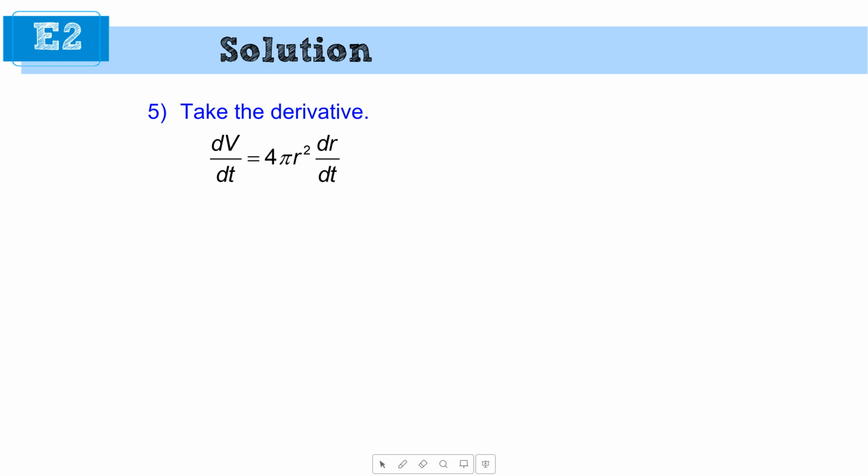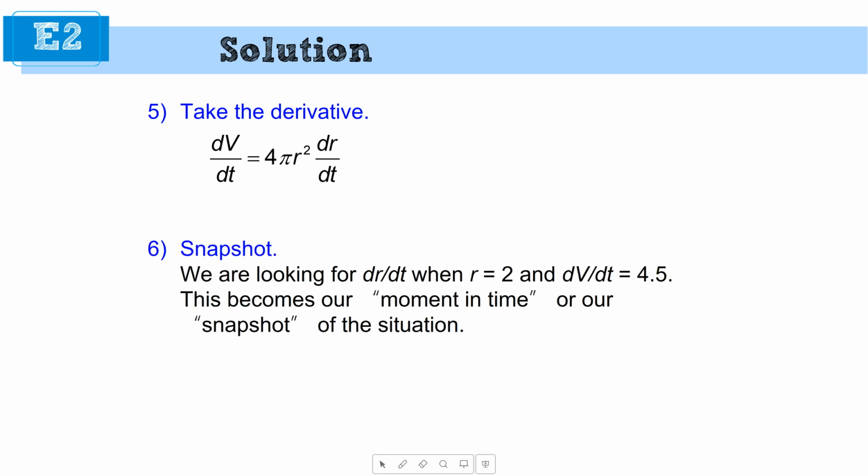What are they? dV/dt, that's 1, r, 2, and then dr/dt. Outstanding. So if we're gonna be able to solve this puppy, we need to know at least 2 of those 3, which I think we do, yes? We know dV/dt, we know r, and that gets us to that.